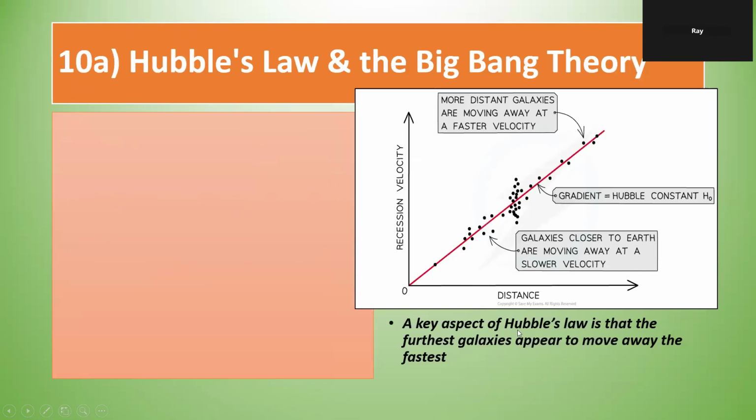Right. A key aspect of Hubble's law is that the furthest galaxies appear to be moving away faster. Galaxies closer to the Earth are moving away at a slower velocity. More distant galaxies are moving away at a faster velocity.